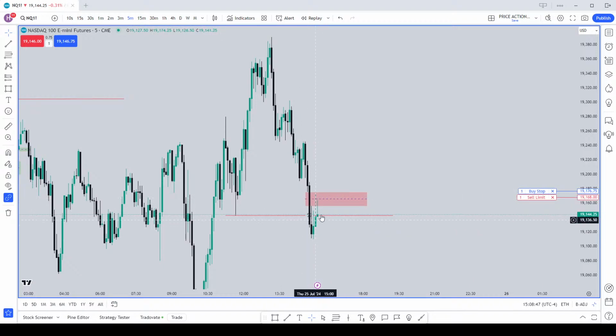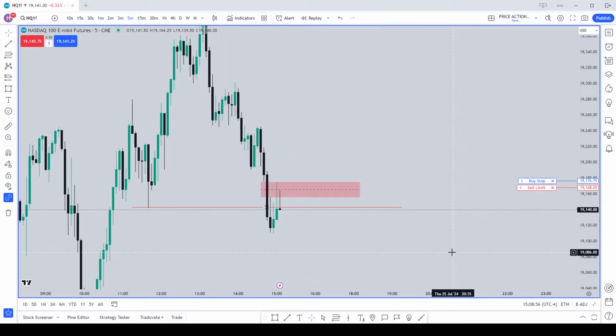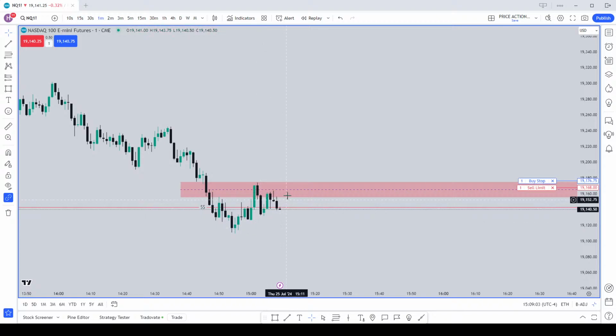Something tells me that the next candle should go up. You see this consolidation happening now.